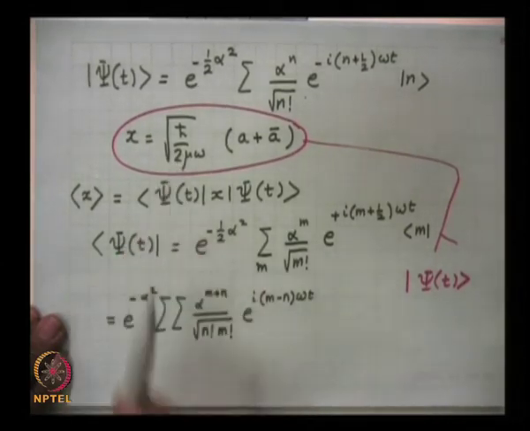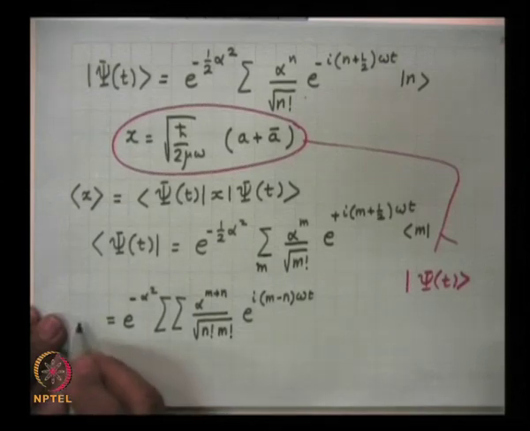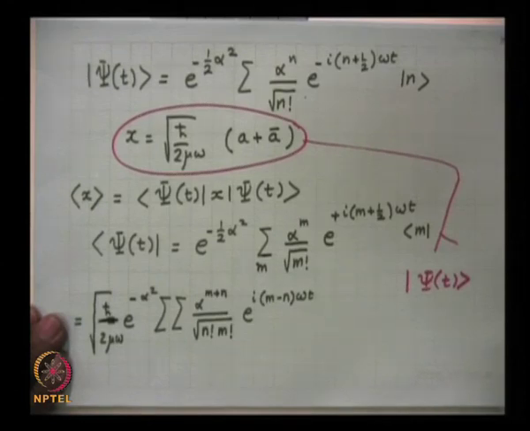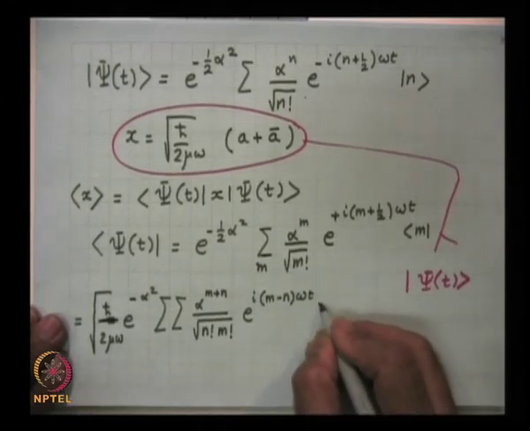Actually, I can take this under root of h cross by 2 mu omega outside, and this will then be two terms.